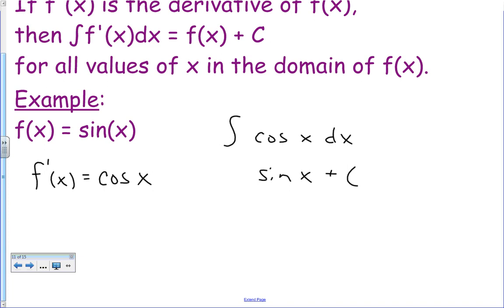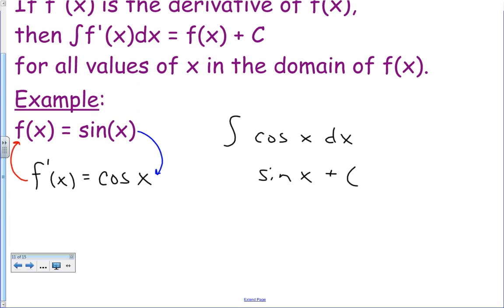So when we go in one direction here, we end up with a derivative. If we go in the other direction, we end up with the antiderivative. So if we start with this and work our way backwards, we've got ourselves an antiderivative. That's basically what we're seeing there. And of course, these two functions have the same domain, so we haven't had to worry about that extra piece of information that we put in the property above.